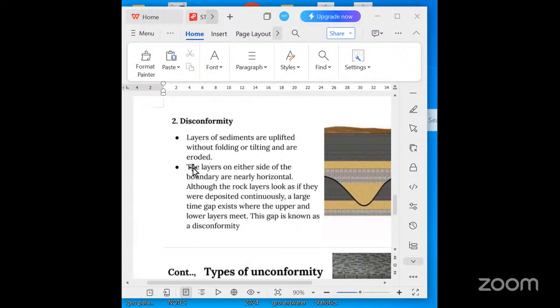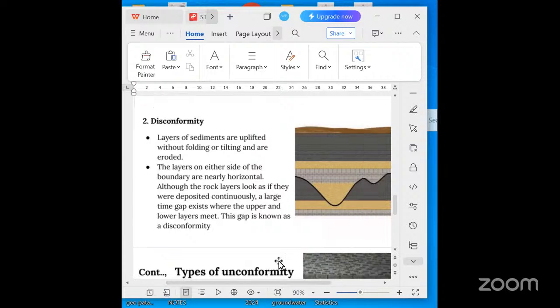The layers on either side of the boundary are nearly horizontal. Although the rock layers look as if they were deposited continuously, a large time gap exists where the upper and lower layers meet. This gap is called disconformity. Okay.